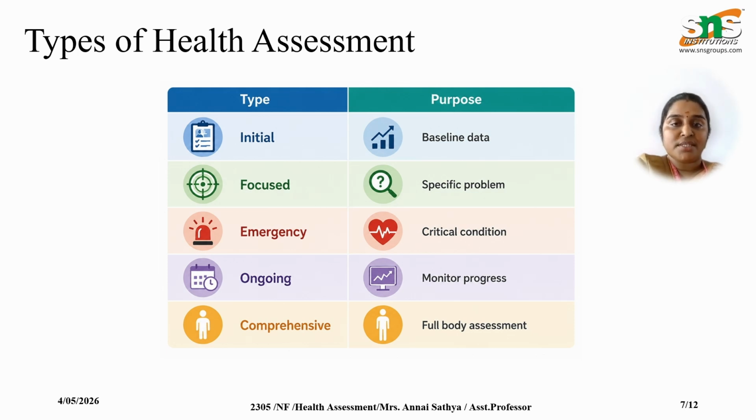Ongoing assessment is a continuous monitoring of patient progress. And then comprehensive assessment is a detailed examination of patient's overall health conditions. So nurses choose the type of assessment based on the patient's needs.